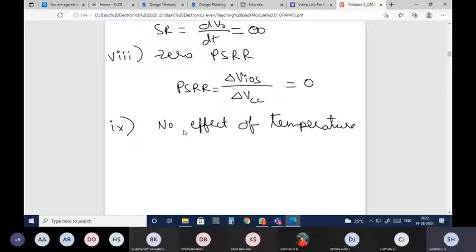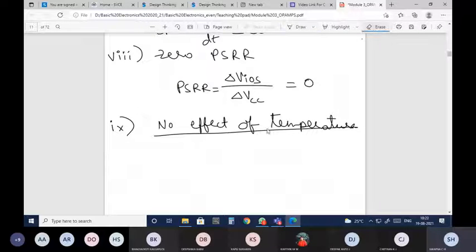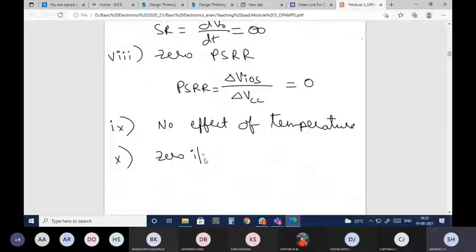So for an ideal op-amp, we have to consider that temperature is not going to affect it.